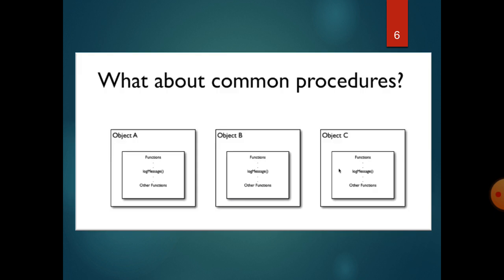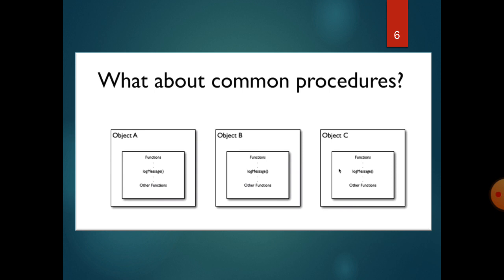If you look at this diagram more technically, we have three objects: object A, object B, and object C. We have a log message data method in object A, the same log message method in object B, and the same log message method in object C. In these situations, object oriented programming is not a suitable approach, where we have common procedures across multiple objects.